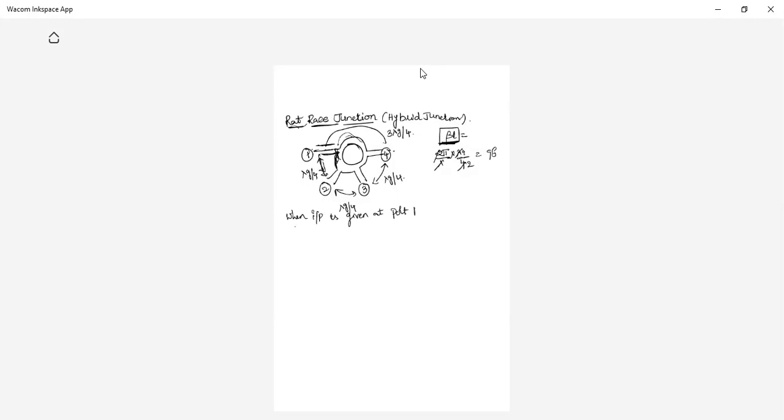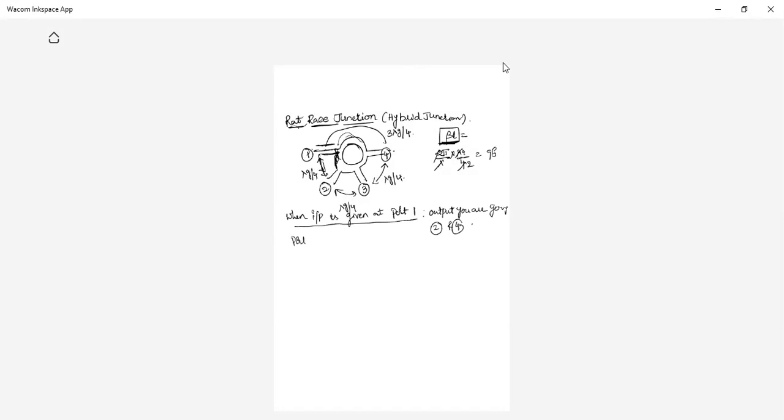That means when the input is given at port 1, the output you are going to get is in 2 and 4. Similarly, when the input is given at port 2, what is the output?